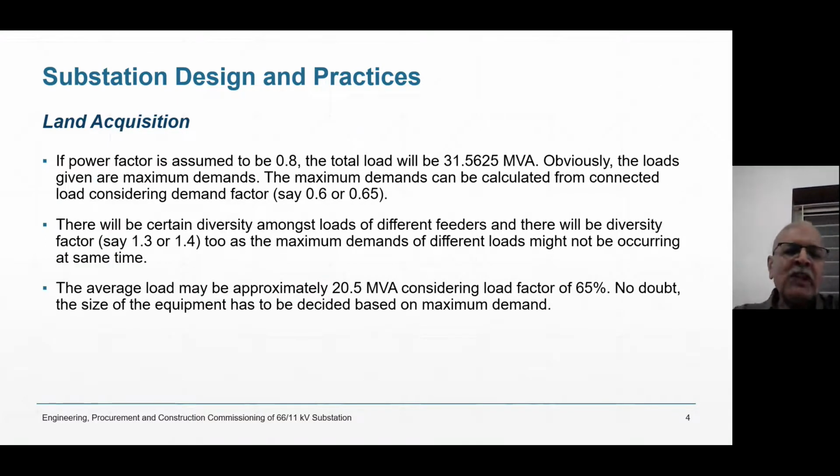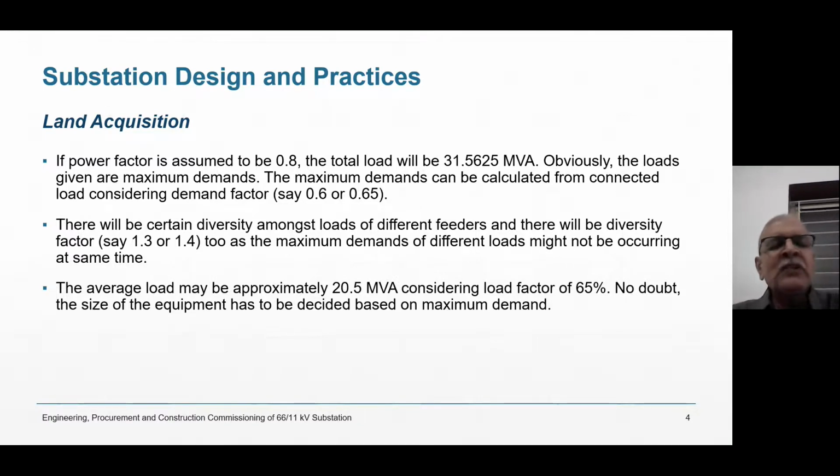If I assume power factor 0.8, which is quite realistic, and if you calculate the total load based on the details given, the total load comes out to 31.5625 MVA. So your substation should have this capacity, right?